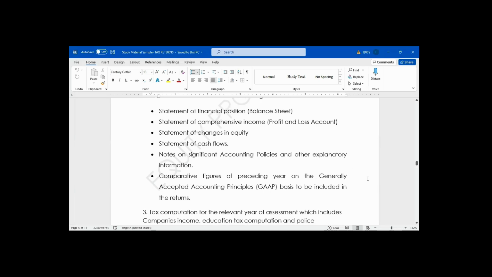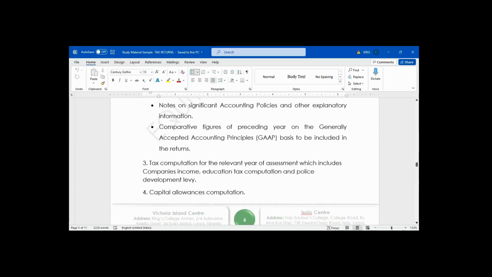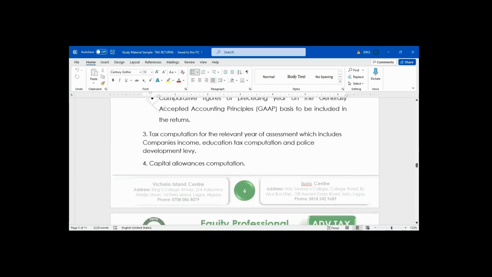Number 3 content of company income tax return is tax computation for the relevant years of assessment. The tax computation for the relevant year of assessment is going to include company income tax computation, tertiary education tax computation, and police development levies.